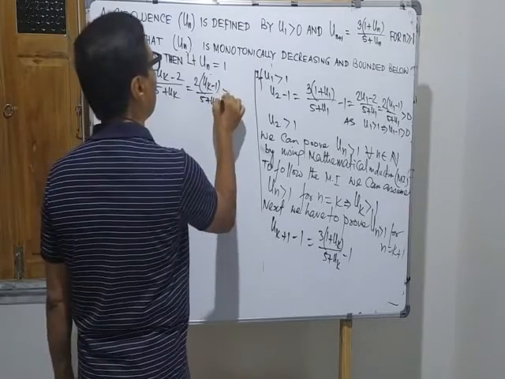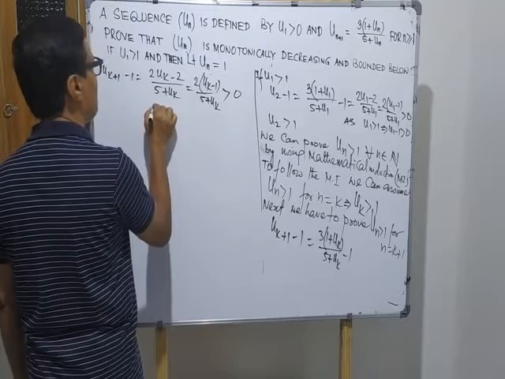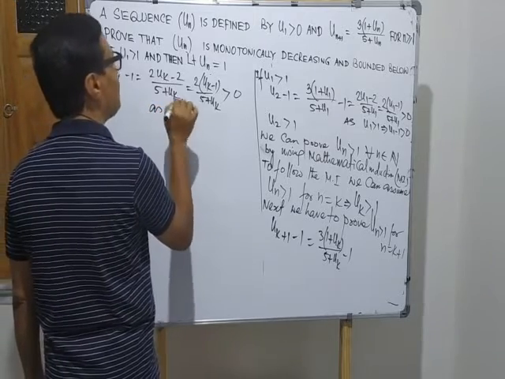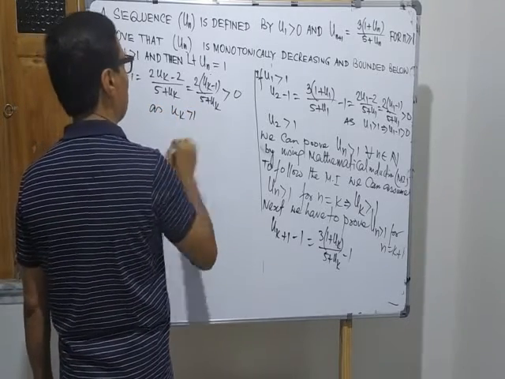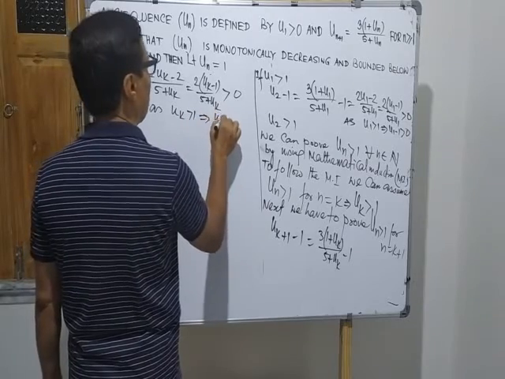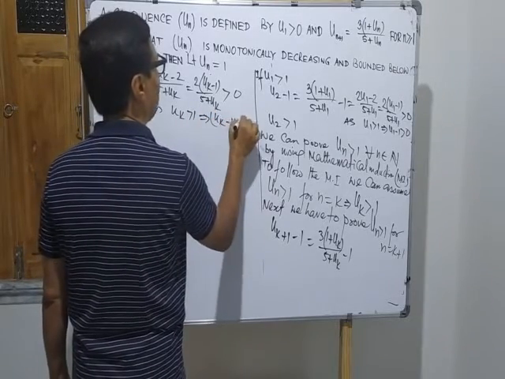This is also greater than 0, as u_k greater than 1 implies u_k minus 1 greater than 0.